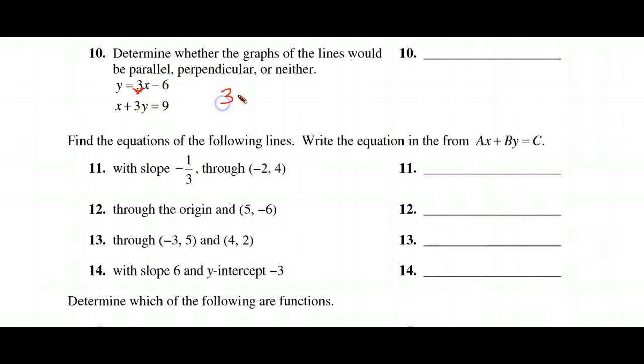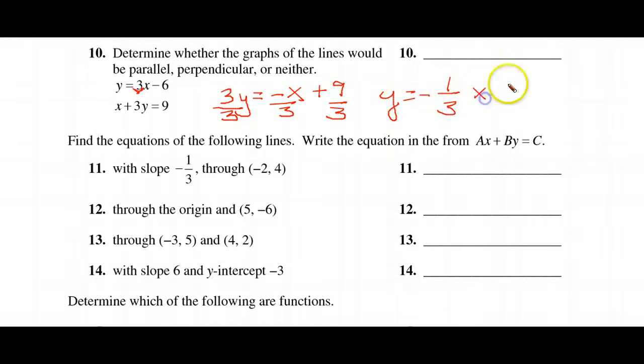So here we have 3y equals a negative x plus 9, and I'm going to divide everything by 3. So this is y equals a negative 1/3 x plus 3.